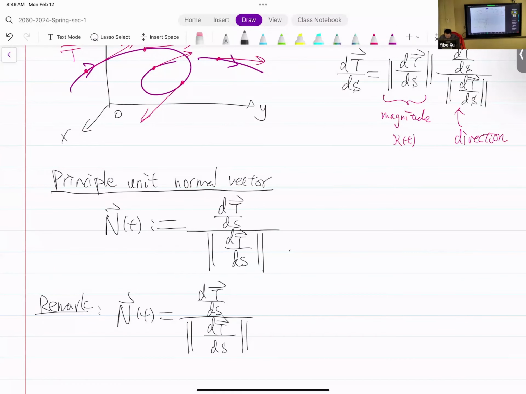This is the equation that we start with, the definition. Now think about the chain rule. dT/ds you can represent as dT/dt times dt/ds. So dt/ds is a scalar function, and you can do the same for the denominator.